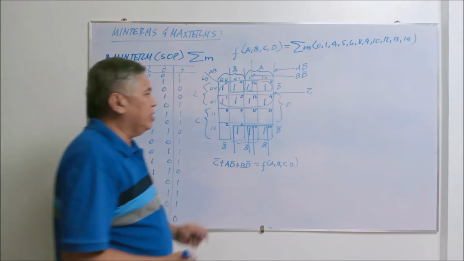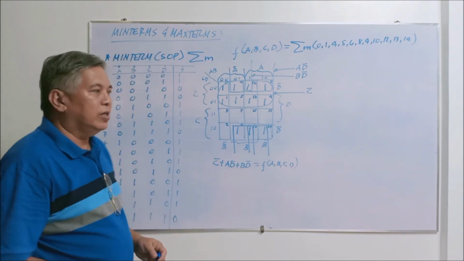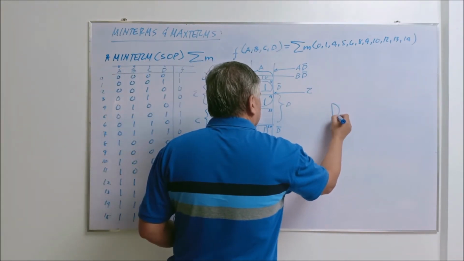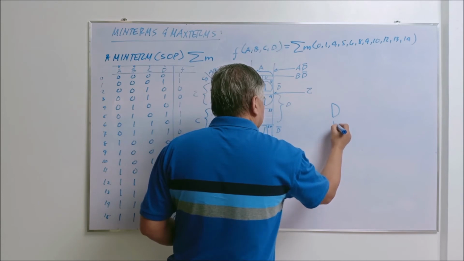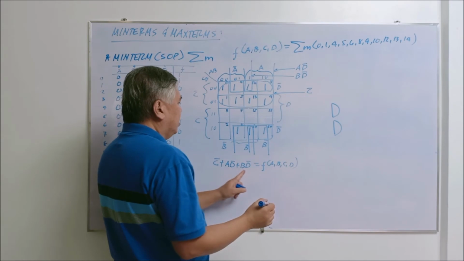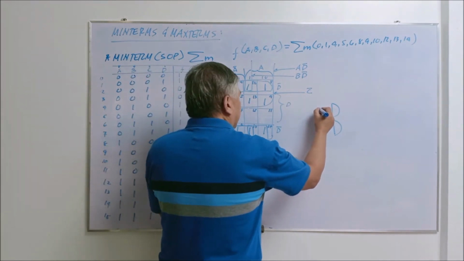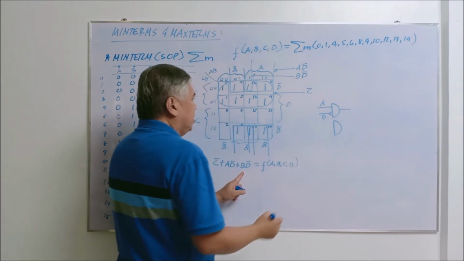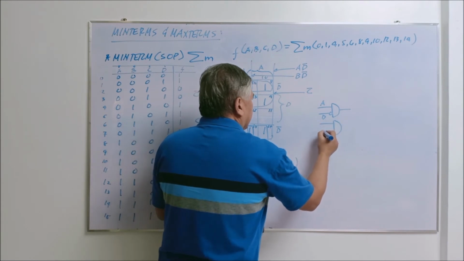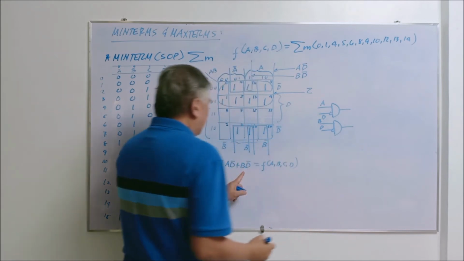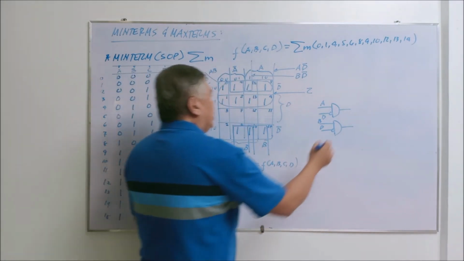So if you want to obtain the logical circuit equivalent, so we have two AND gates. This one, A D bar, B D bar. So you have A D bar, then you have B D bar, and they are being OR to C bar.